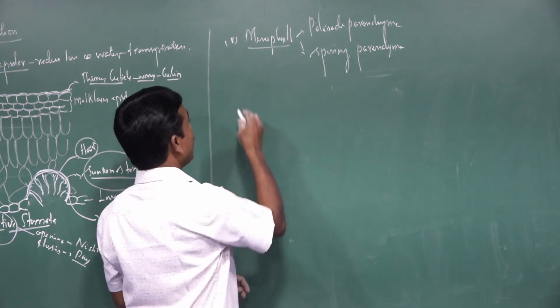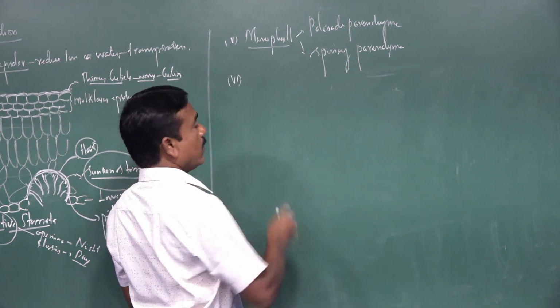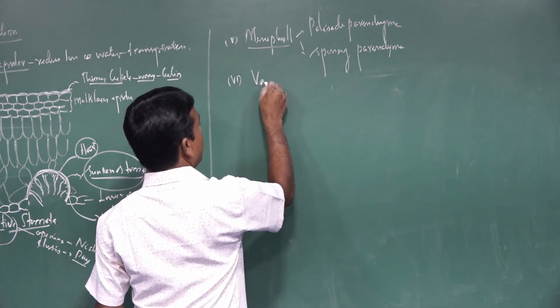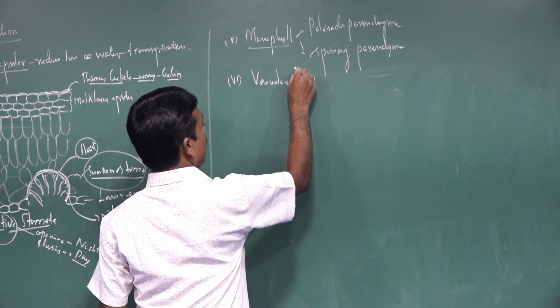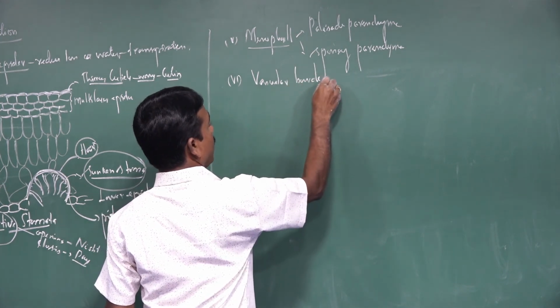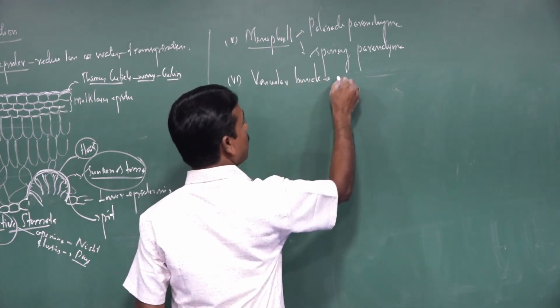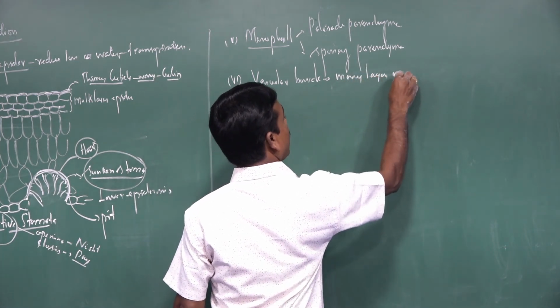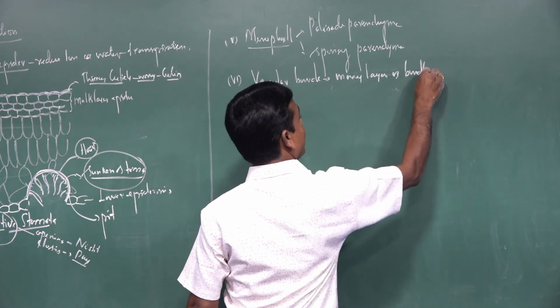Then one more thing. In xerophytic species, the vascular bundle is covered with many layers of bundle sheath.